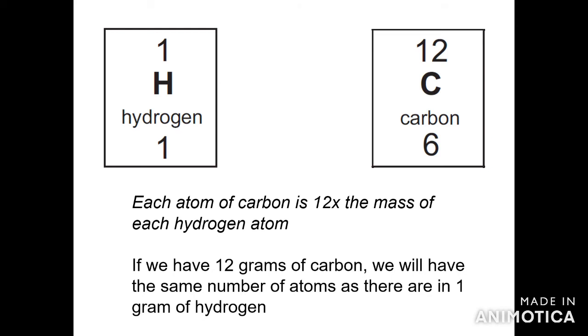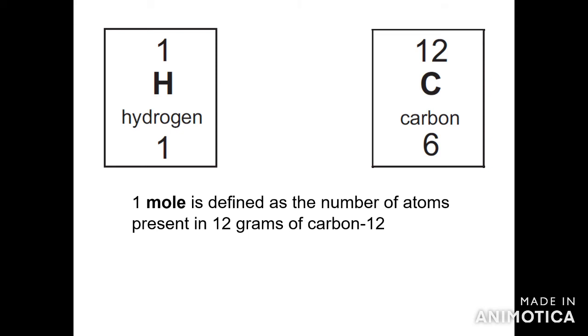Okay, now why have I chosen 12 in particular? Well, again, this is kind of our base reference point. 1 mole, remember a mole is counting atoms. 1 mole counts the number of atoms that there are in 12 grams of carbon 12.